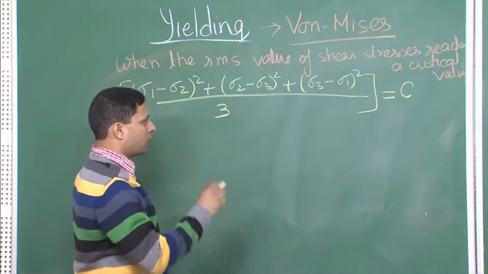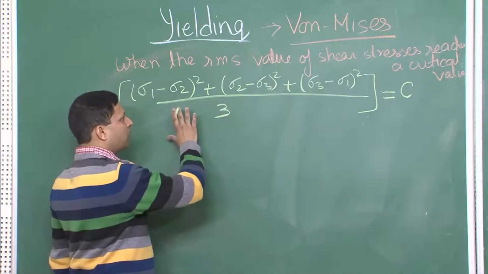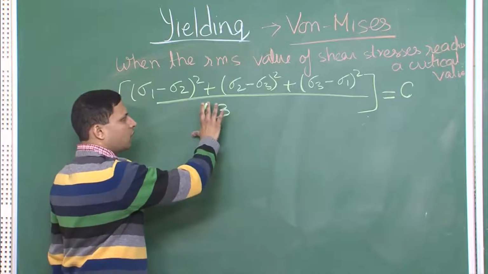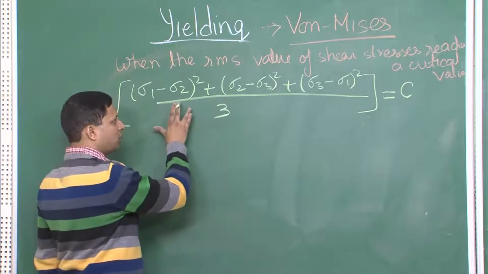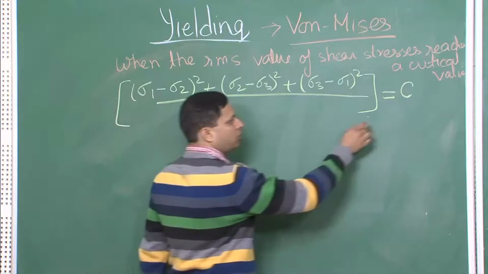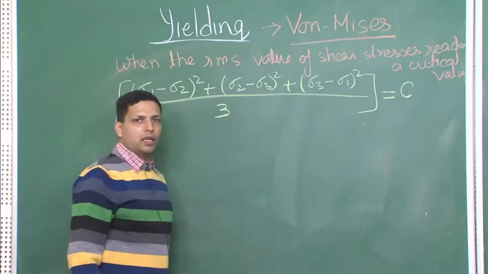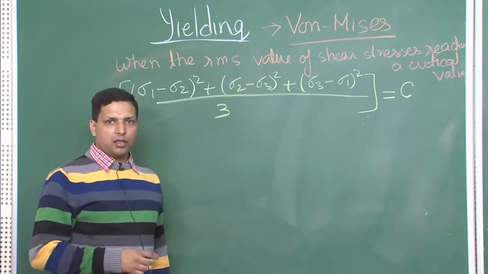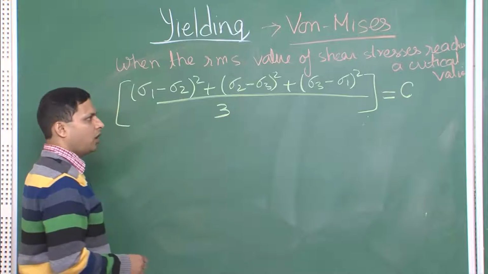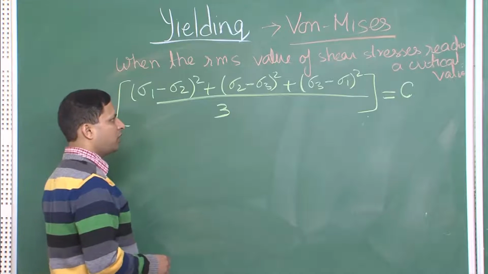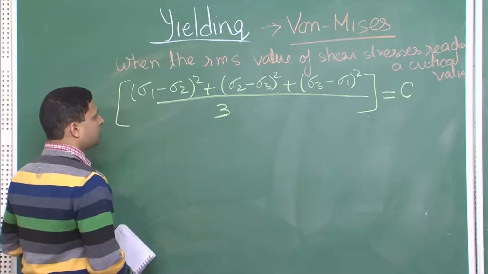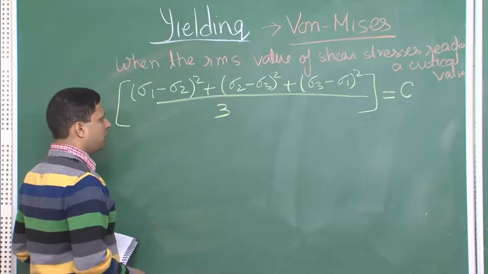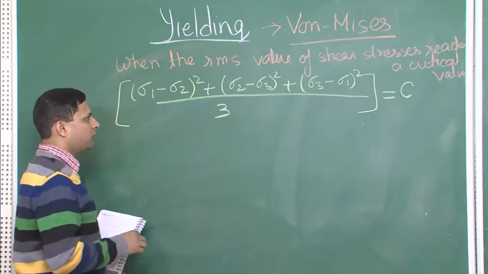So, as long as it is the same material, no matter what the stress condition is, if you take out this particular function value, then that function value should reach this constant C, and once it reaches C, you can say that deformation has begun, or plastic deformation has begun. So, this is the onset of plasticity as defined by von Mises.